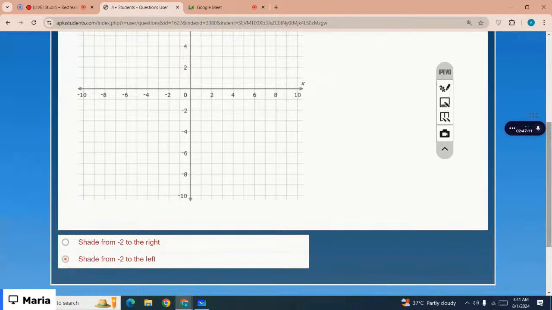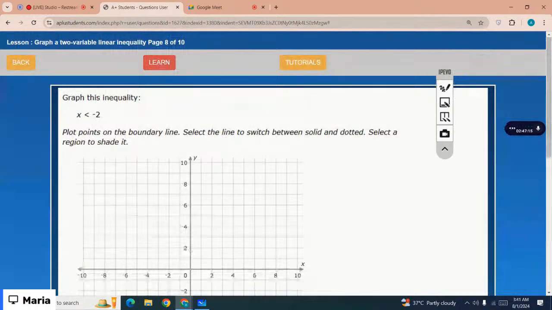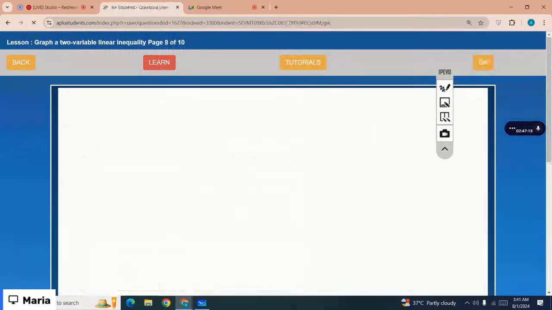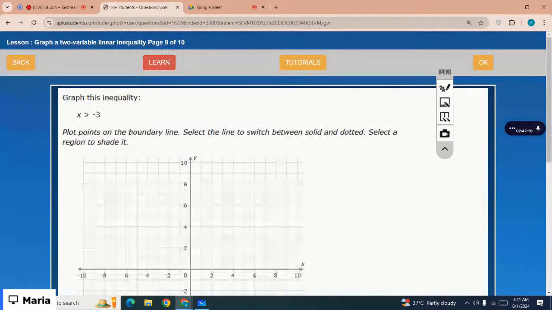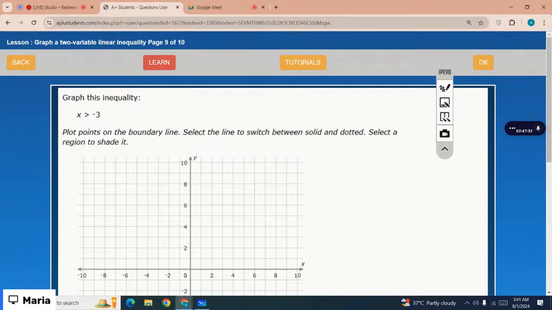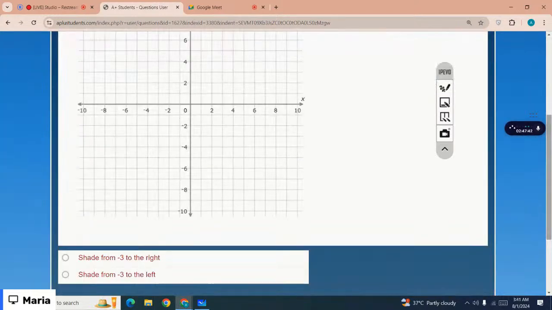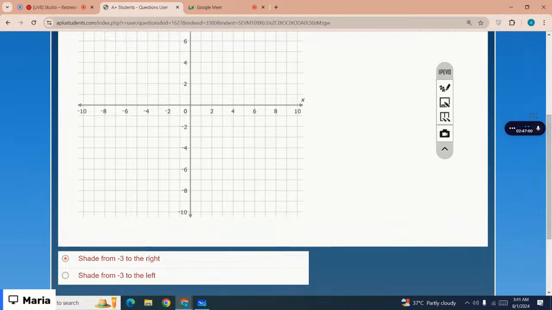Option number 2 is the correct option. Graph this inequality. X is greater than negative 3. So which is the correct option? Because greater it is, the correct option is shade from negative 3 to the right.